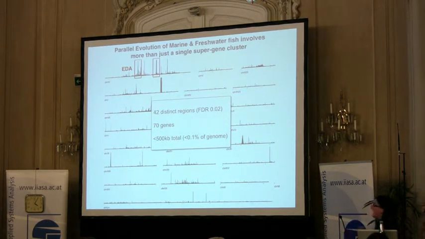However, if you just wanted to take a slice and ask how many genes are selected or not, here is a slice I took with a false discovery rate of 0.02. We see 42 distinct regions in the genome that are under selection, covering about 70 genes and less than 500 kb in total, which is about 0.1% of the genome.